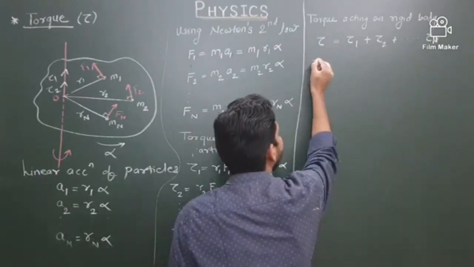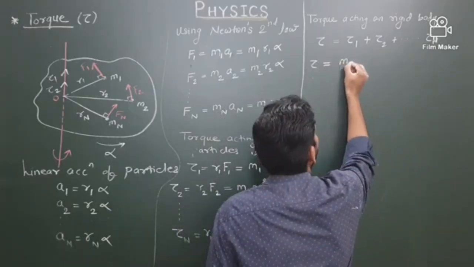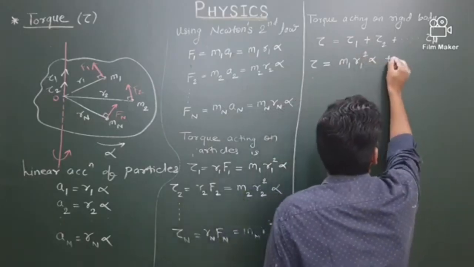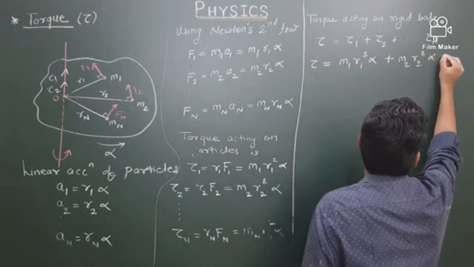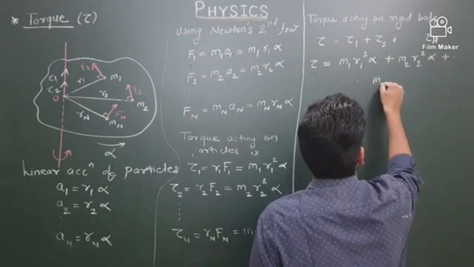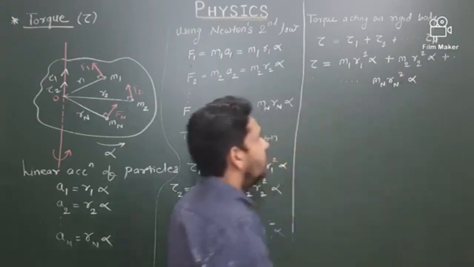Come on now, mathematical steps. Tau equals, what is tau 1? m1 r1 square alpha plus m2 r2 square alpha plus and so on up to mn rn square alpha. Right?